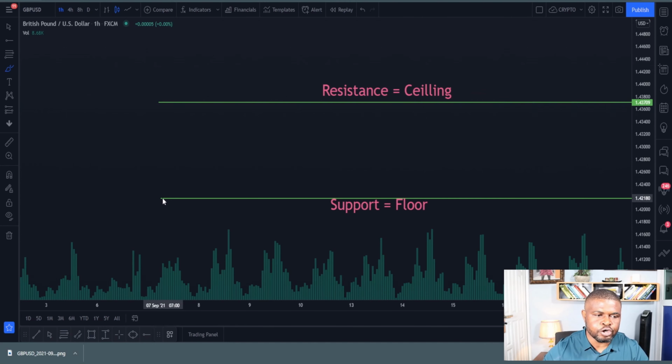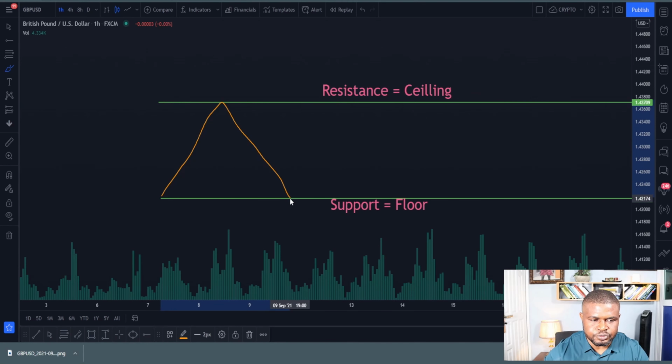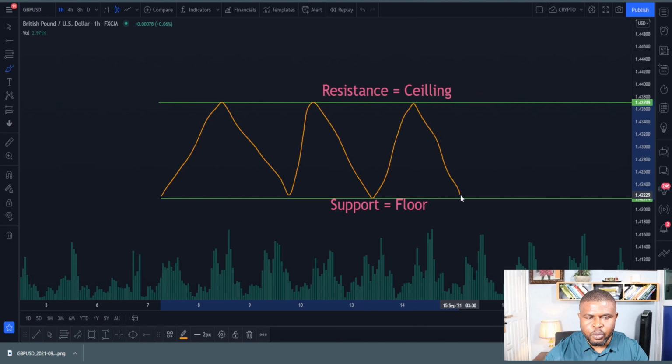If I am to draw the movement of the price action now, it moves from support to resistance, then from resistance to support, and again from support to resistance, and from resistance to support. At one point the price will either break the support or the resistance.